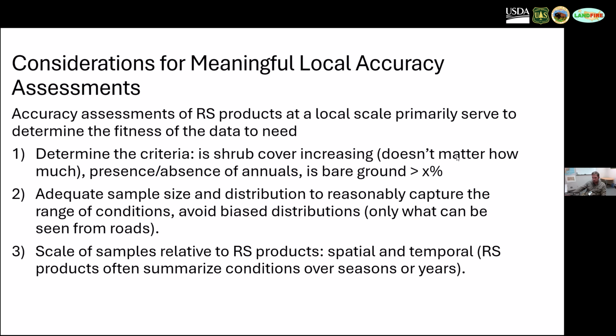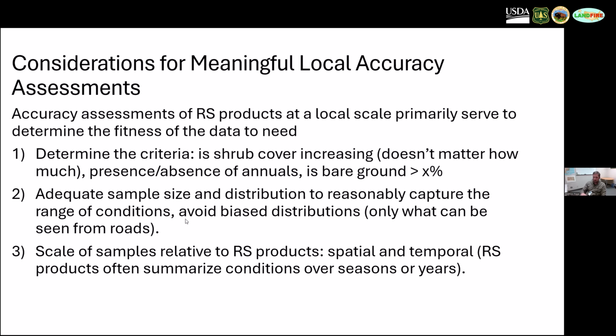Do we need to know how much it's increasing? Do we just need to know, is it increasing or not increasing? These sort of questions. Basically, what I'm saying is, can thematic data be used, or do you need more nuanced information from fractional veg cover products? Or is it a question of just presence, absence of invasives, for example? I think framing the question from a user perspective is definitely an important thing to think through.